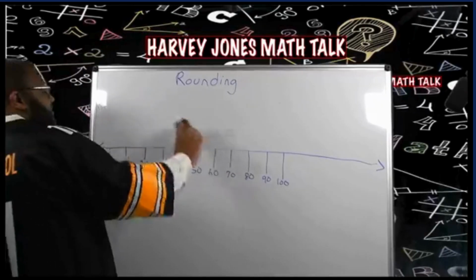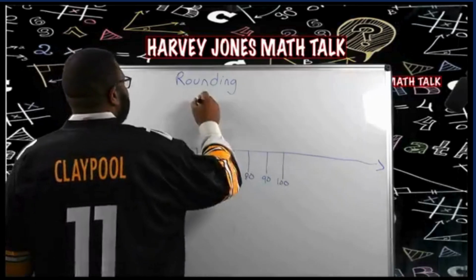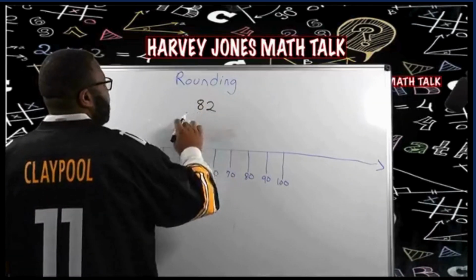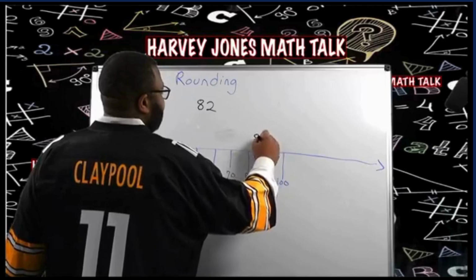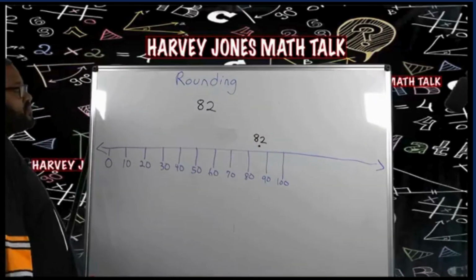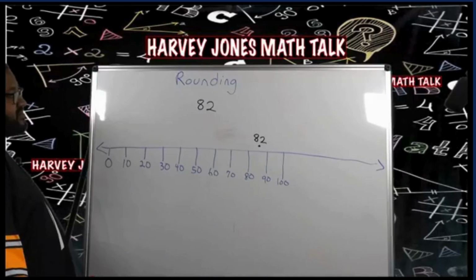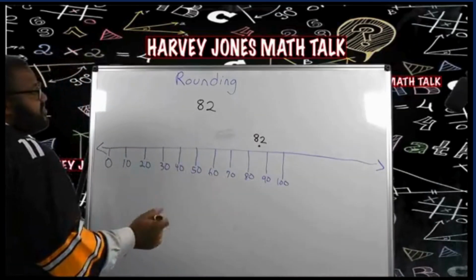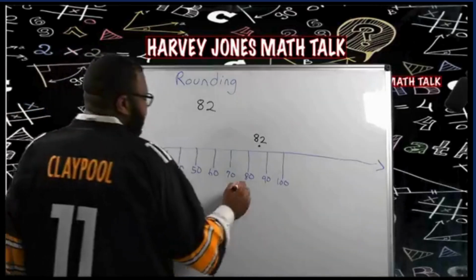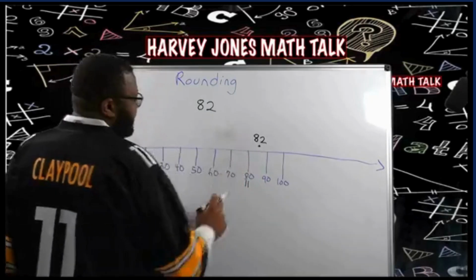All right, let's try another one. 82. 82 is here between 80 and 90. So right now, is 82 closer to 80 or is it closer to 90? That's the question you're asking yourself. So if I go 80, 81, 82, that's only 2 away if you go backwards that way.